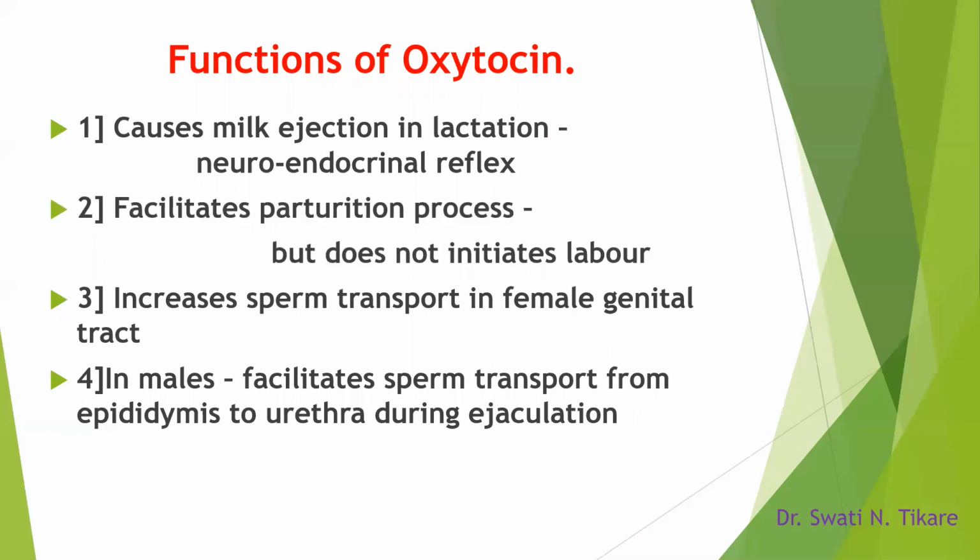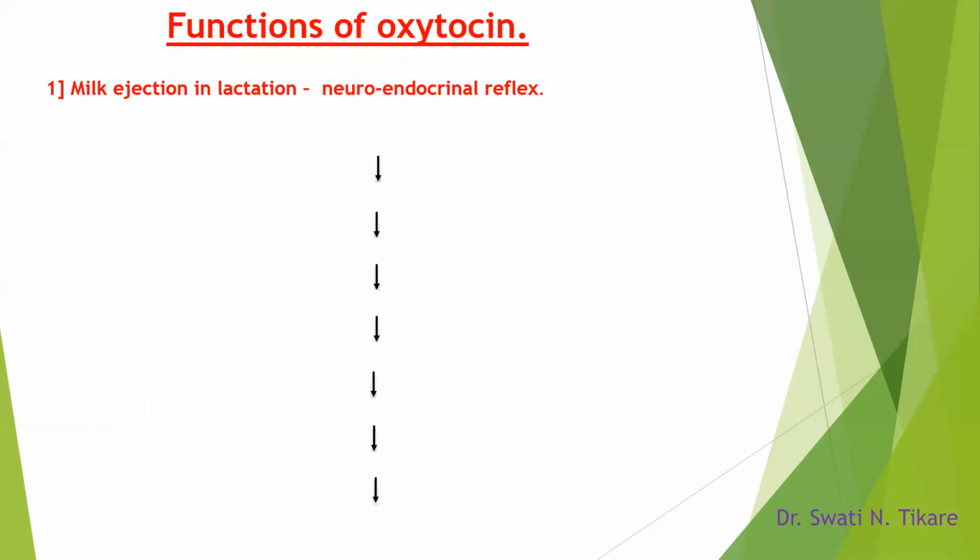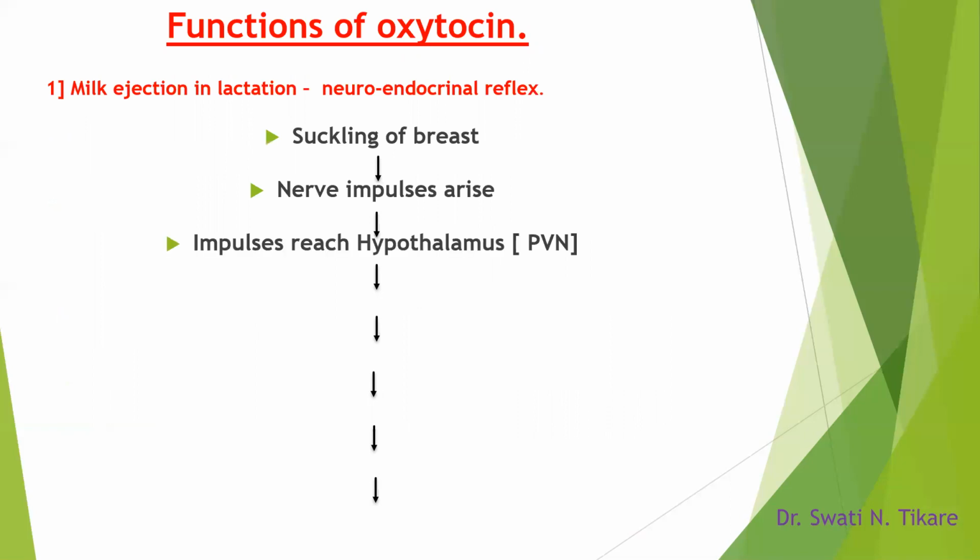We will begin with the neuroendocrine reflex, that is the milk ejection. How does it happen? The initial stimulus for the release of oxytocin is the suckling of the breast by the newborn baby. This produces nerve impulses that reach the hypothalamus.